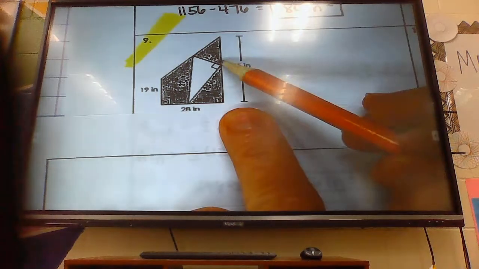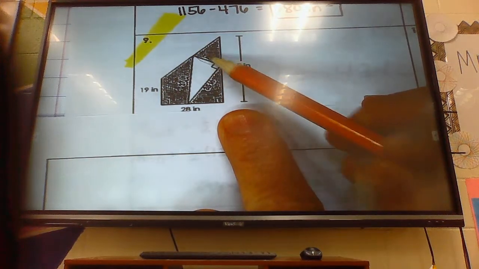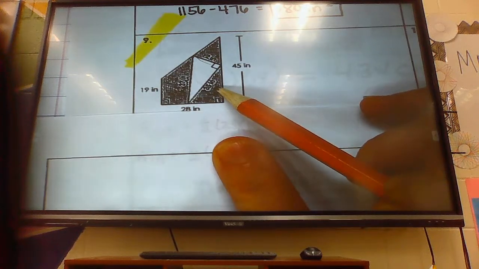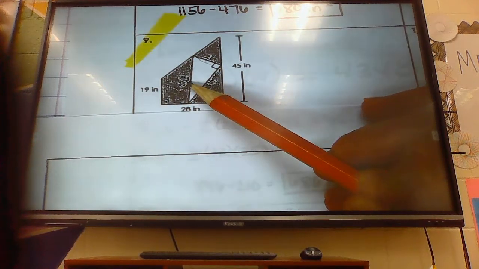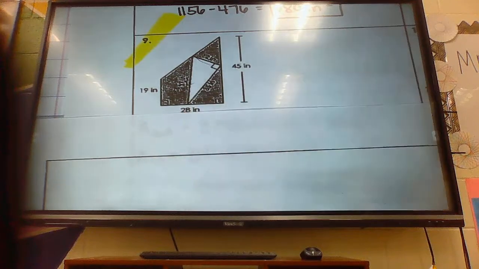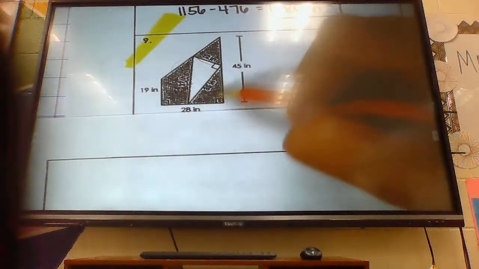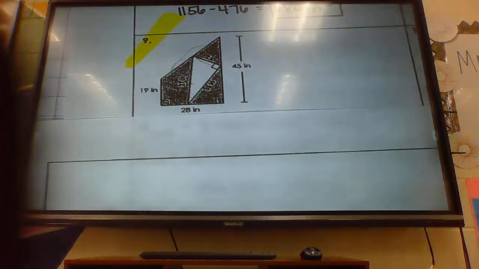All right, the dimensions are 12 inches for the small triangle, 35 inches, and 37 inches. I'm reading the inside dimensions.